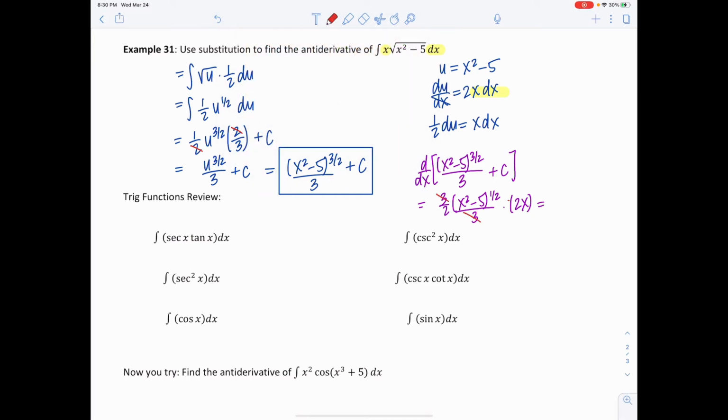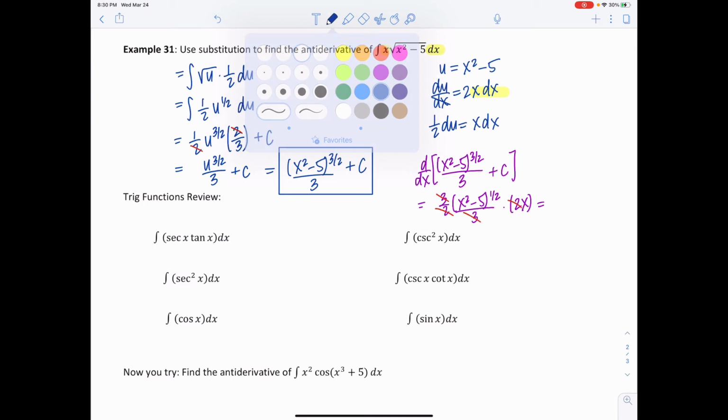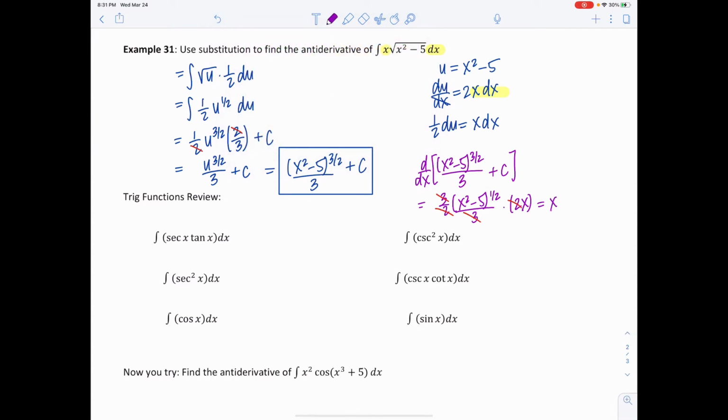The 3's cancel out, the 2's cancel out, and I do get x times the square root of x squared minus 5. I do get my original integrand.